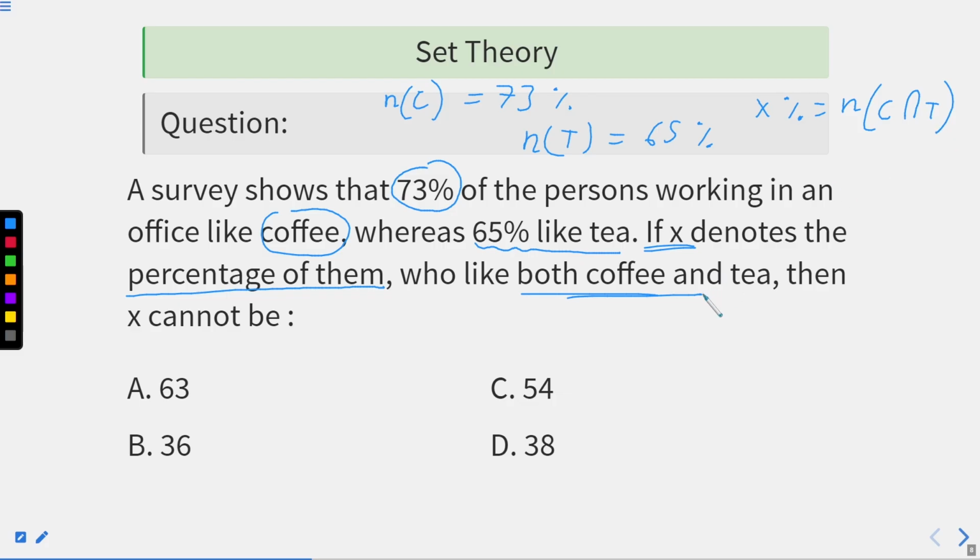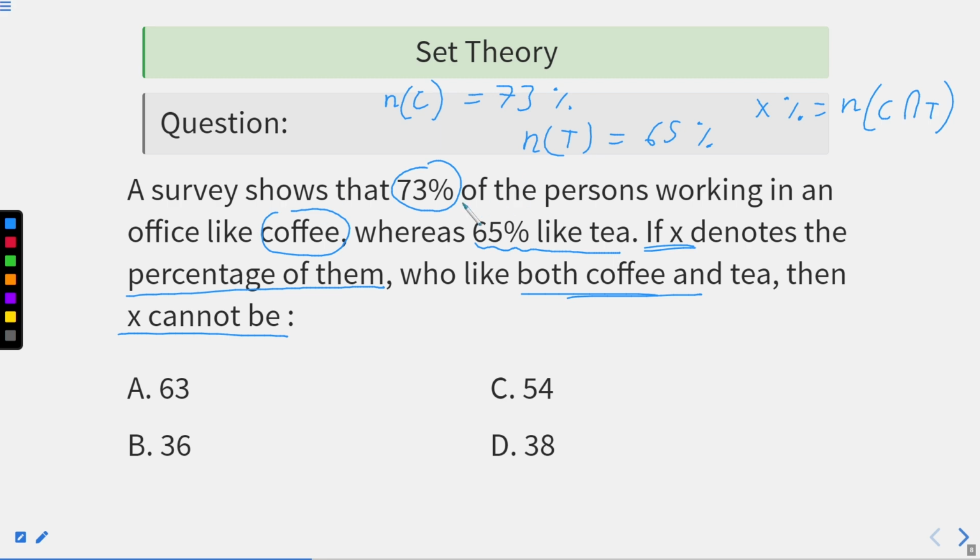Simple, coffee intersection tea. Now what? We have to find the values such that X cannot satisfy the conditions given in the survey or in the question.